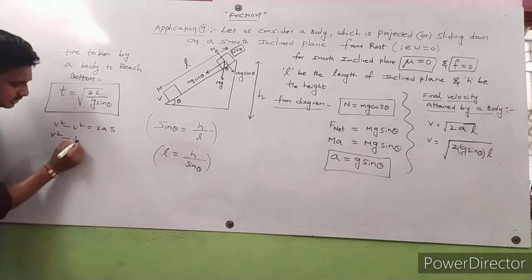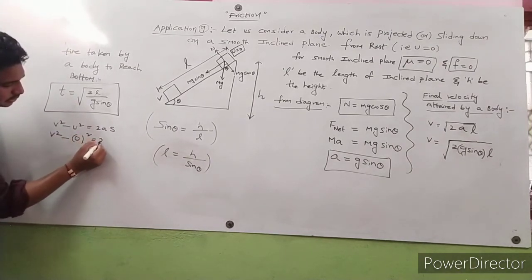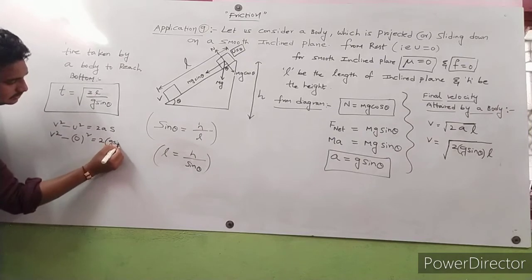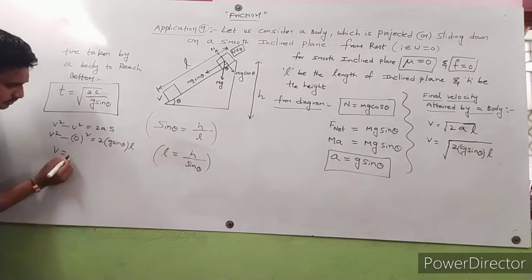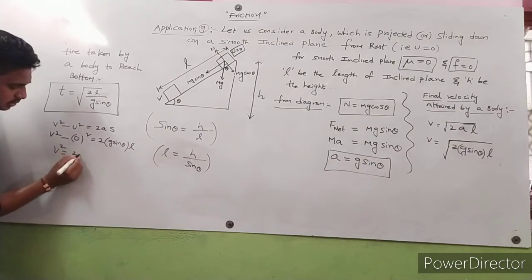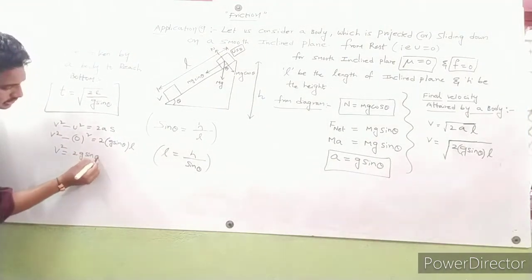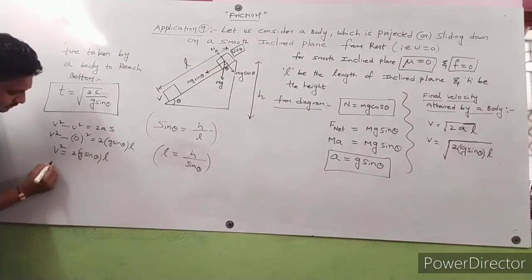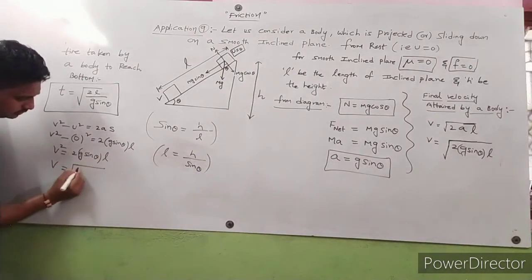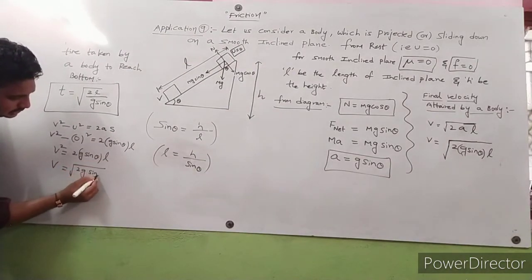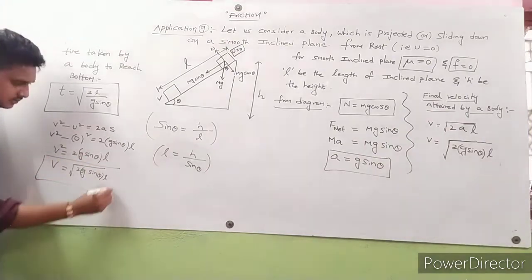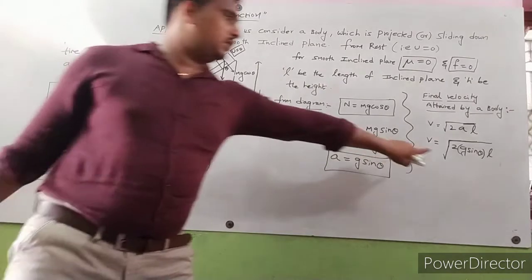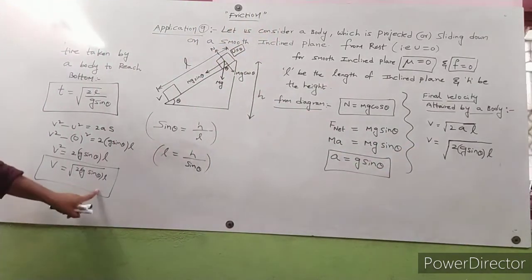U square means 0 square, so V square is equal to 2 into g sin theta into L. From that, V is equal to the square root of 2 g sin theta into L. So this is the derivation for this one.